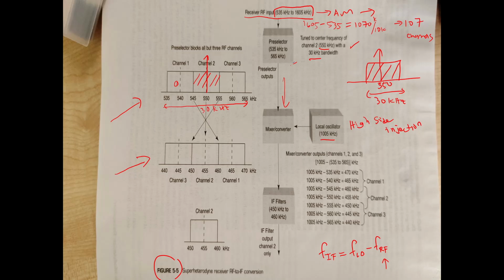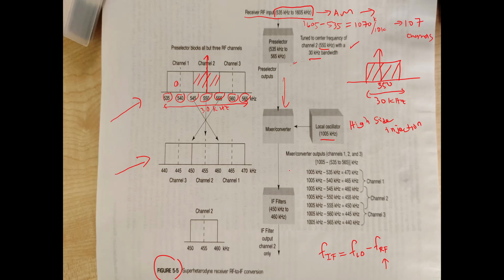From here we have the upper bound, the lower bound, and the center frequency. We actually have 1, 2, 3, 4, 5, 6, 7 components. If we have 7 components, that means we're going to have 7 IF frequencies. Here in the example, it converts one by one.